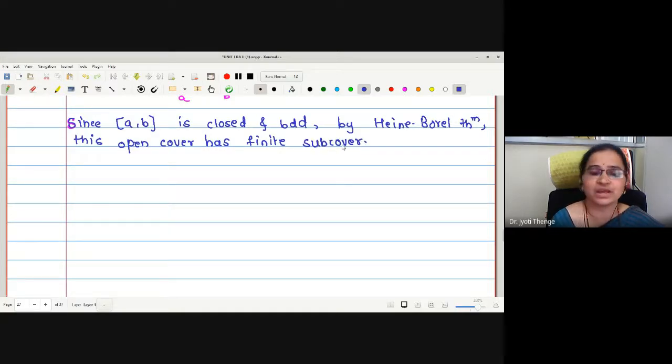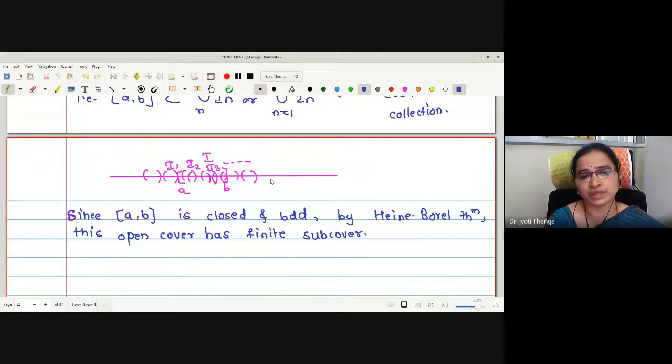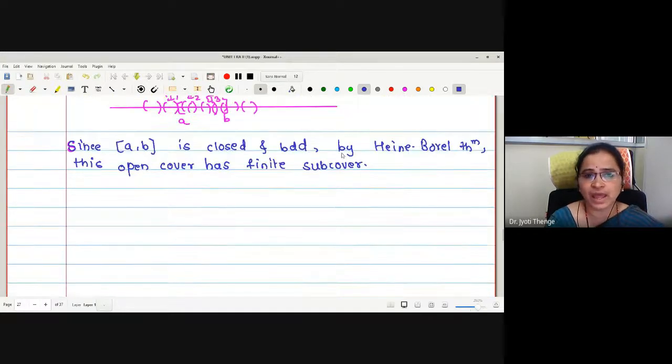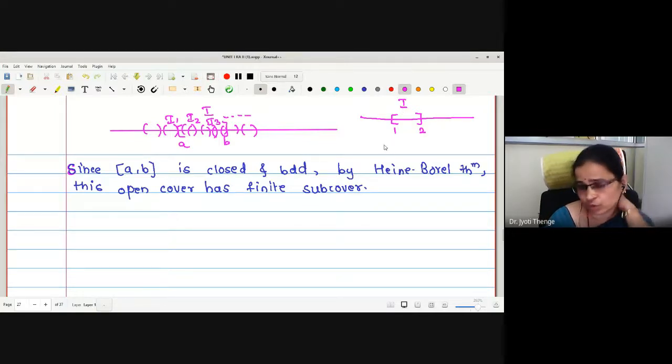That is, instead of a countable collection, we can cover the closed interval [a, b] by a finite collection as well. Let me show you how with an example. If I take [1, 2] as my interval, can you find a finite number of open intervals covering this?